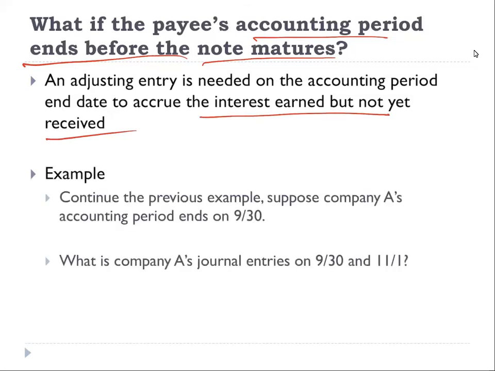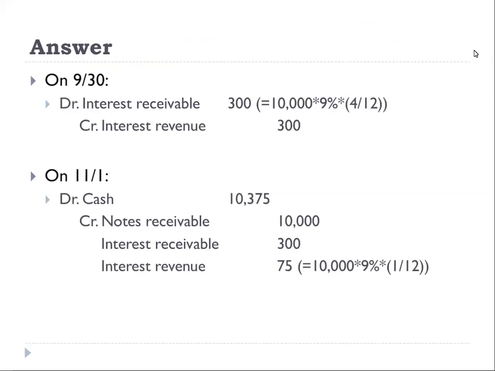So if we continue the previous example, suppose company A's accounting period ends on September 30th. What is company A's journal entry on September 30th and November 1st? On September 30th, even though company A hasn't received anything yet, because it's already been 4 months, the firm has been holding this note.